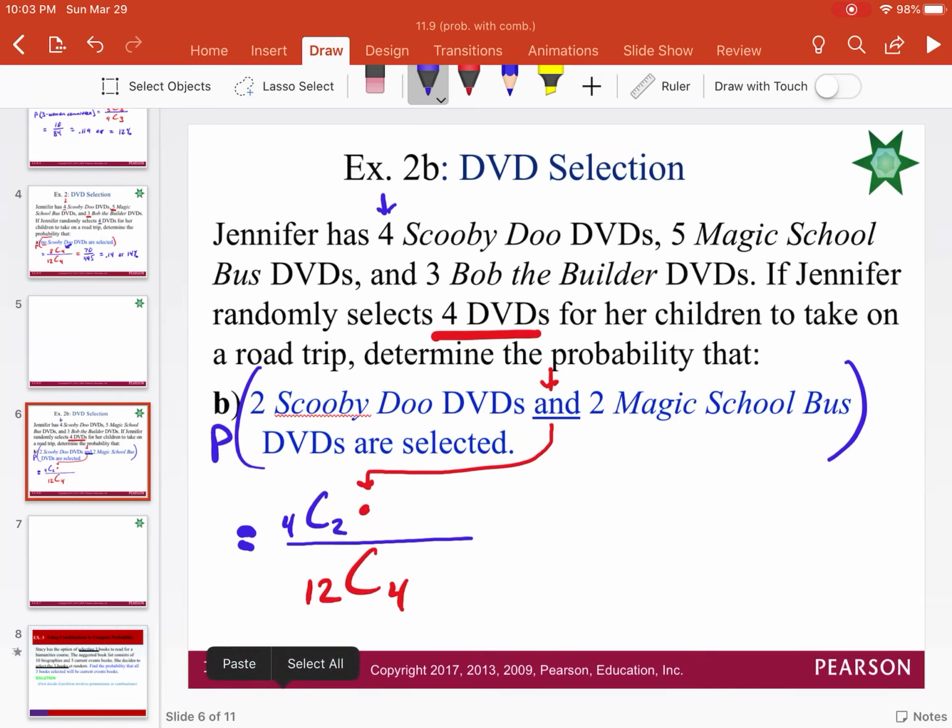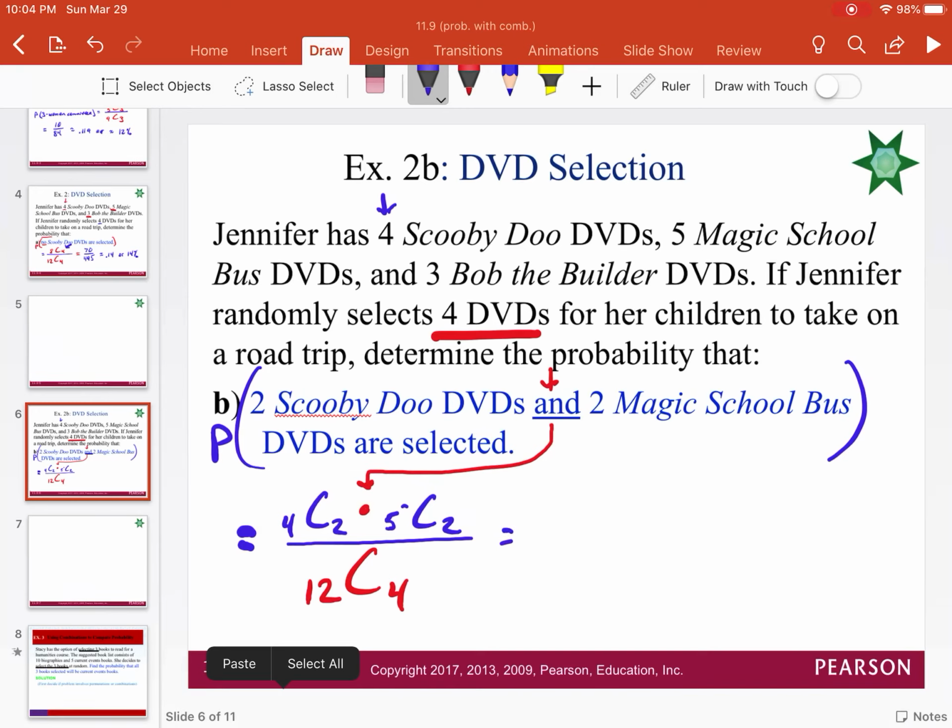Along with that, I want to do Magic School Bus, and I want 2 of those. Well, how many Magic School Bus are there? There's 5. Okay. And how many am I picking of that? 2.